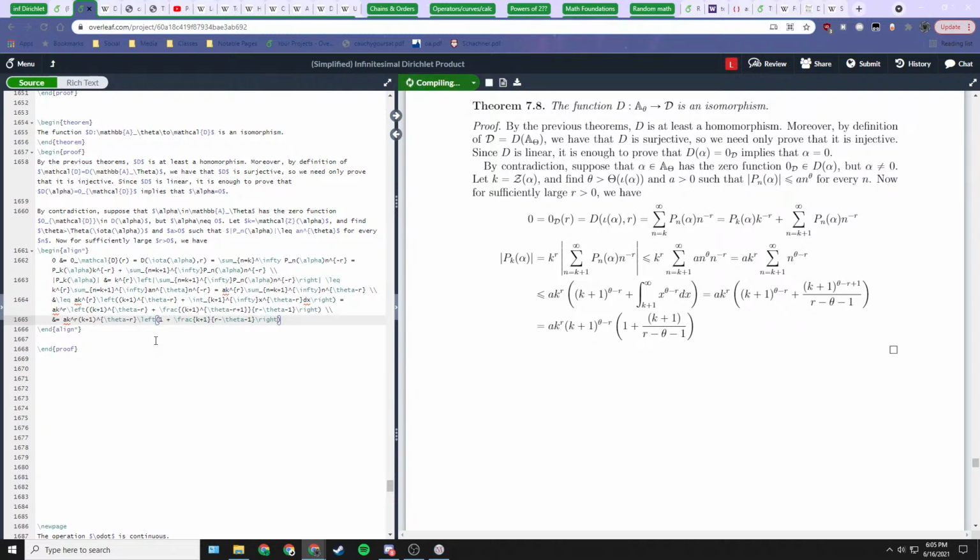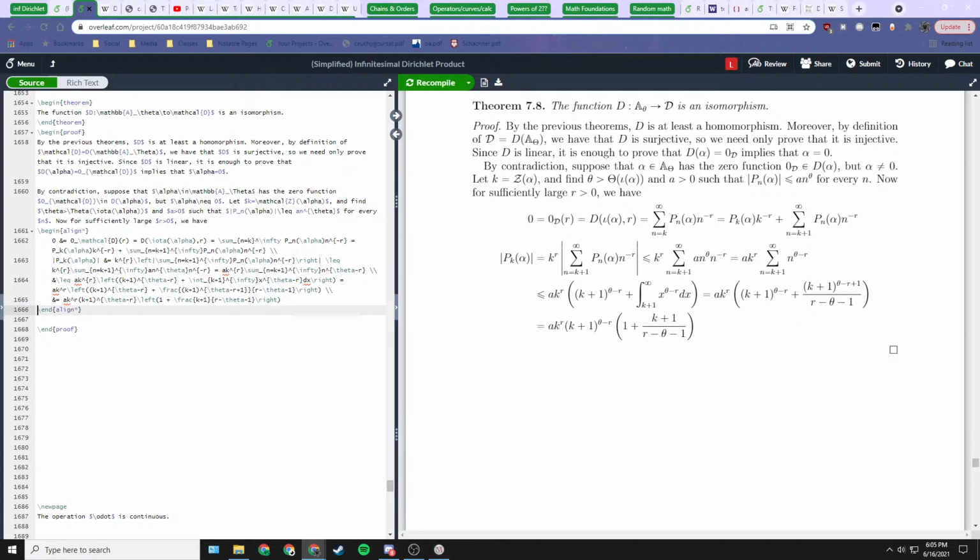Okay. k is constant, theta is constant, r is heading to infinity, and that's all we need to know. Now we can just take the limit to infinity.